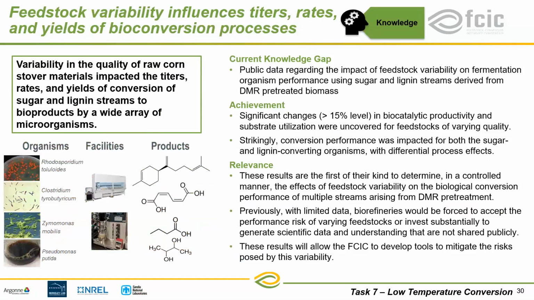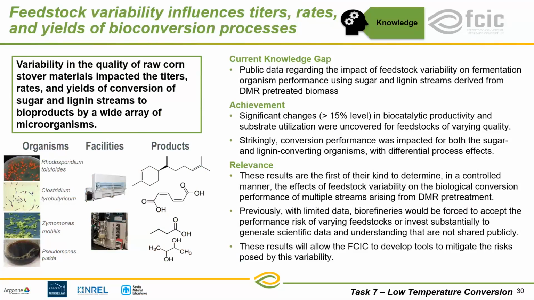Finally, let's talk about the core experimental work of the low temperature conversion task. After we get these cellulosic rich sugar streams and the lignin rich stream, they are microbially upgraded. We're looking at 3 different pathways for the cellulosic sugar upgrading, and then a 4th pathway for the lignin stream upgrading.